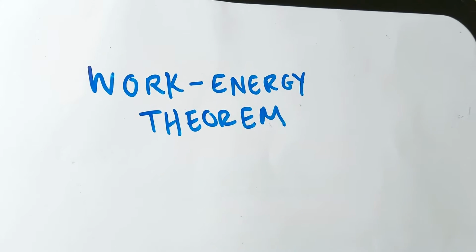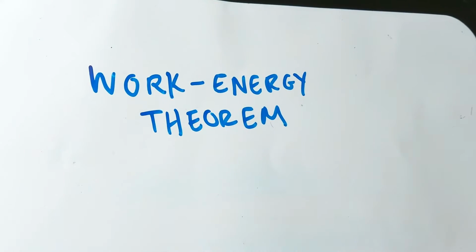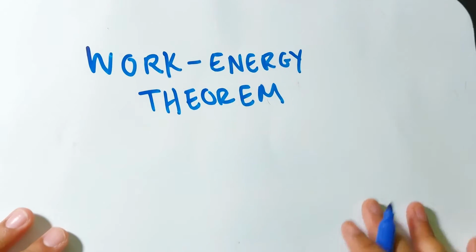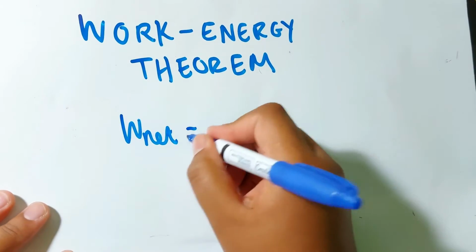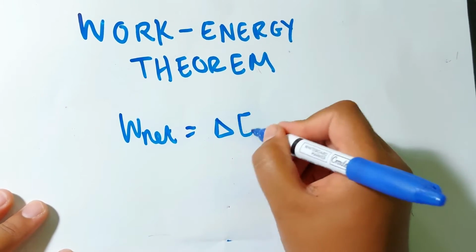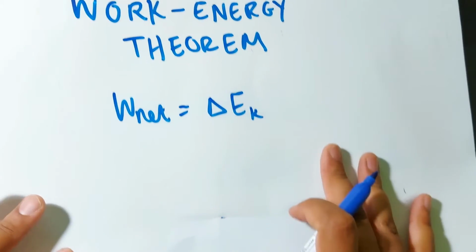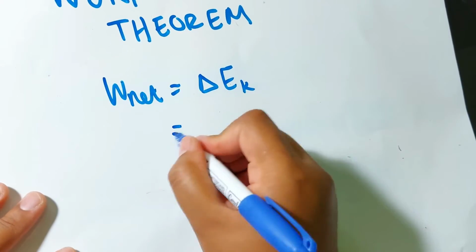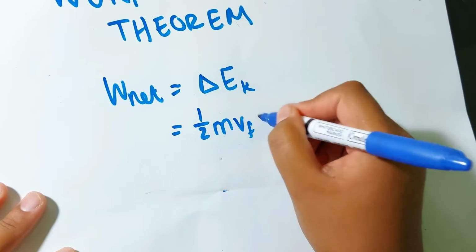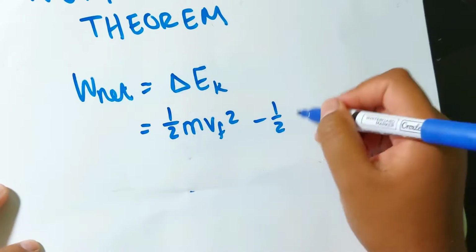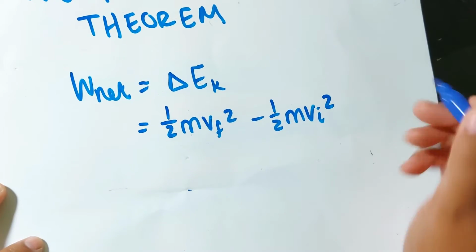To answer this question, we are going to need to use the work energy theorem, which in equation or symbolic form looks like this. The net work done is equal to the change in the kinetic energy of an object. And if we expand the change in kinetic energy, it looks like this: half mv squared minus half m vi squared.